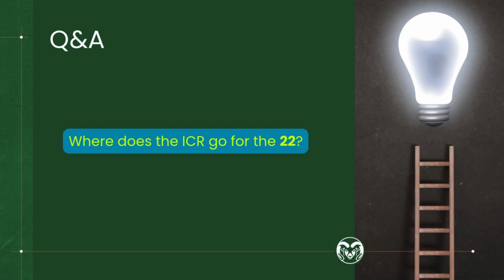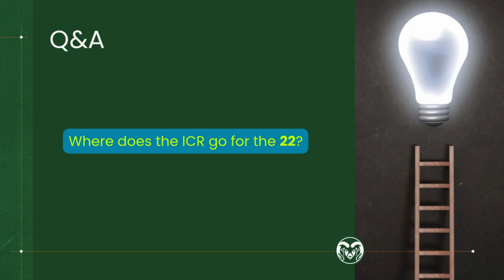I can say that for my 22 that I used to manage, we did not get back any of what was recovered. So it was all kind of a scoop by Central to cover the cost. Yep. Just a clarification, 22s are handled by VPUO, the Vice President of University Operations.